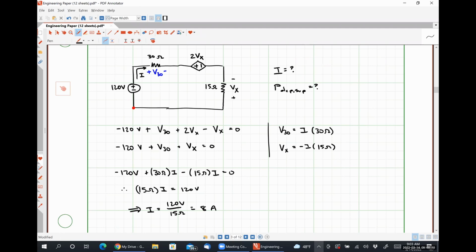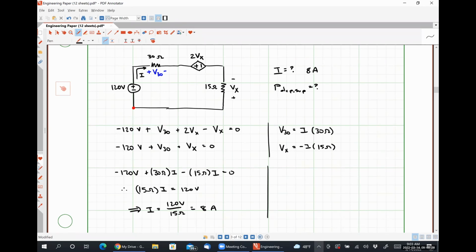We okay with that level of algebra? Anything seem wild or crazy? All right. So we figured out the answer to our first question.